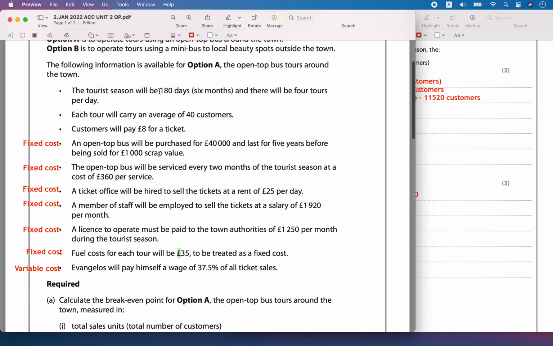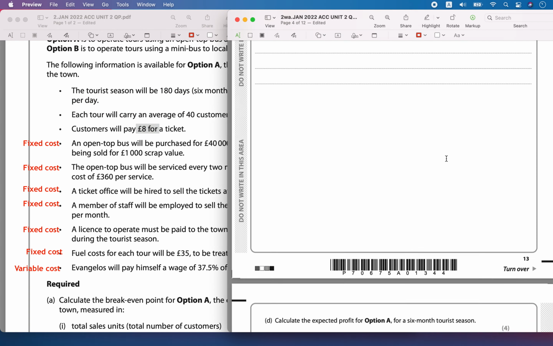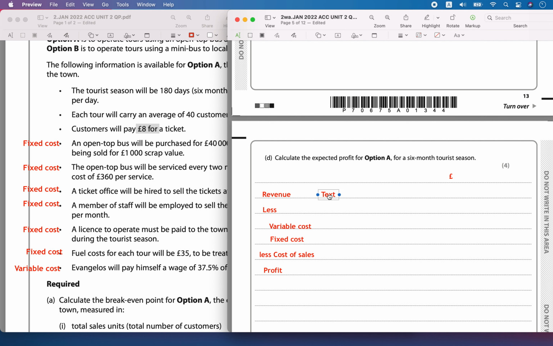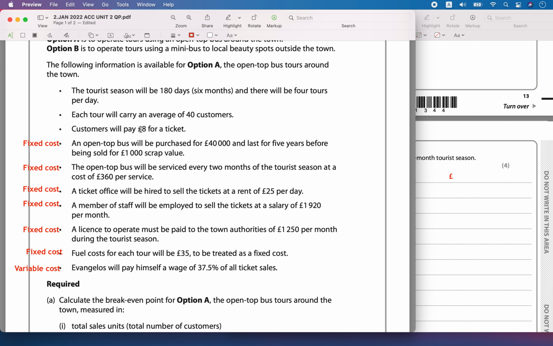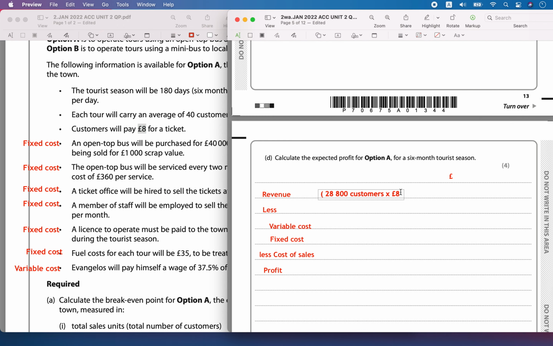It was 180 days, 4 tours per day and 40 customers coming, and they are going to pay 8 pounds per ticket. So that is the actual sales: 28,800 customers paying 8 pounds per ticket. The value is going to be equal to 230,400.